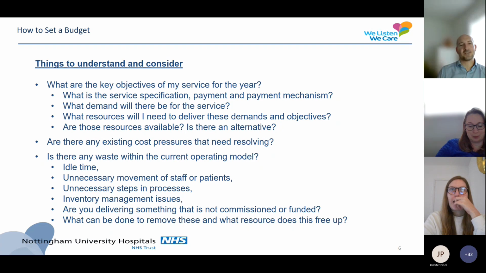And if there are, so things like if the CNST premium goes up, well, there's nothing we can do to reduce that, so we have to reflect that in the plan and subsequently in the budget. So it's identifying all of those things and highlighting those at the earliest opportunity so that they can be built into the overall organisation plans.